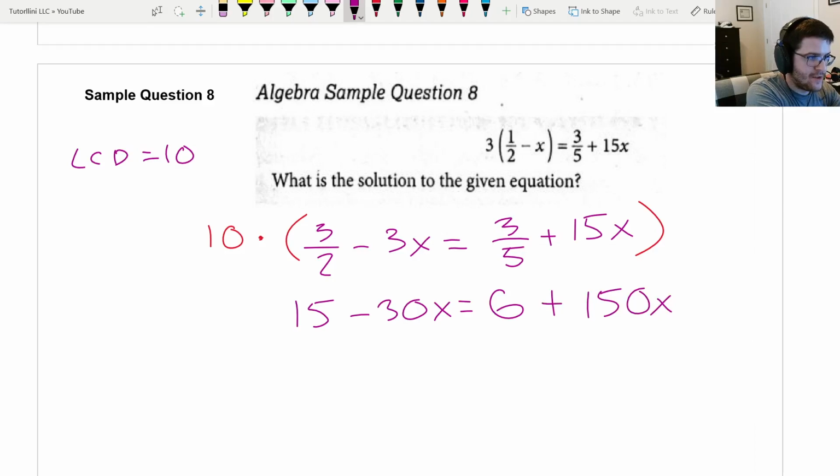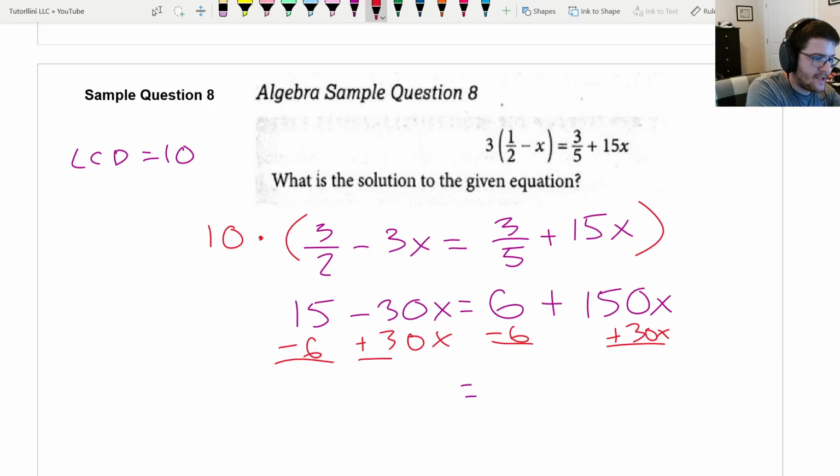I'm going to add 30x to both sides. And I'm also going to subtract 6 from both sides. Get the x's to one side and the numbers to one side. So we get 150 plus 30, that's 180x. And now 15 minus 6 is 9.